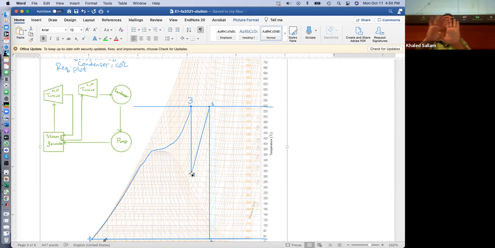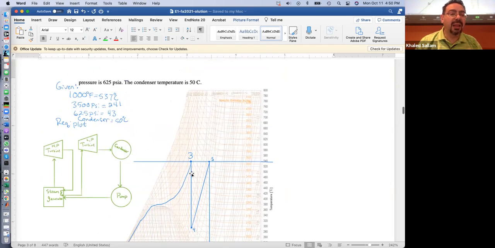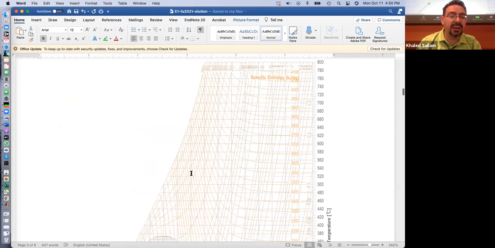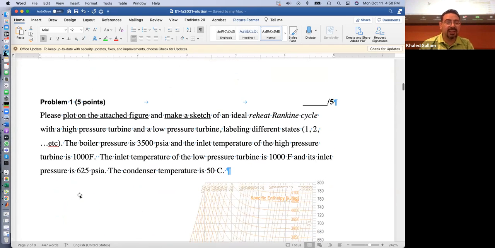No. The 75% is not related to this problem. I said it's unrelated to the exam. That ideal pressure is 75%. In this exam, we were given that pressure, right? He said we want to go down to 625 psi. I'm just saying that if someone asks you to design a heat cycle and you ask how far should I go before I reheat, the golden rule is to go to 75%.